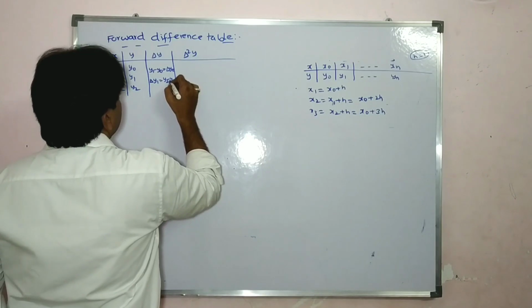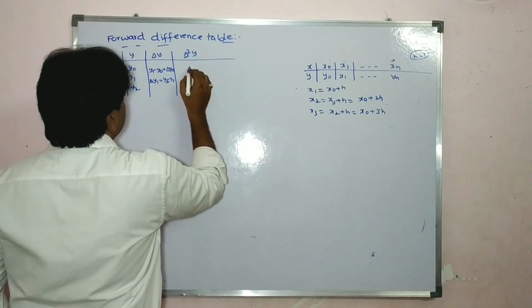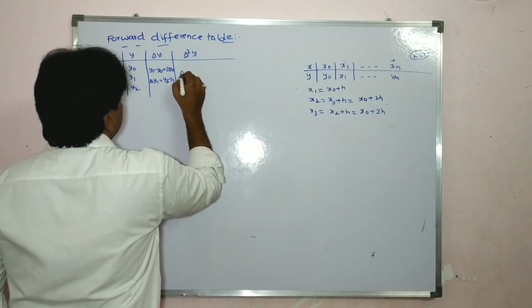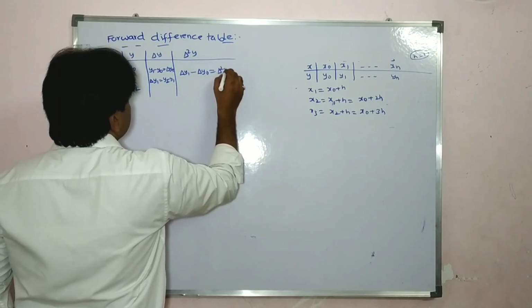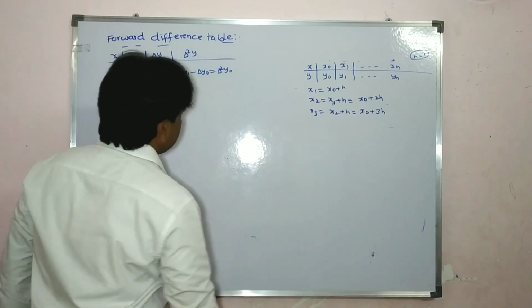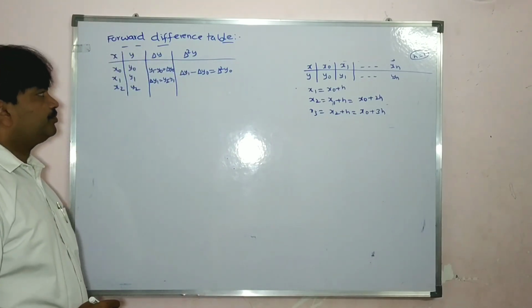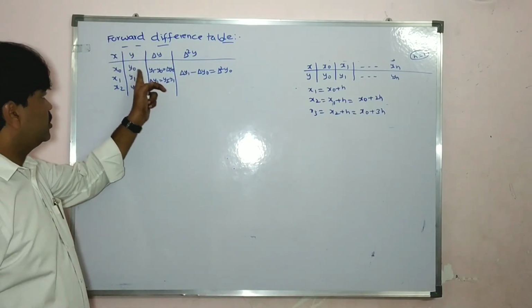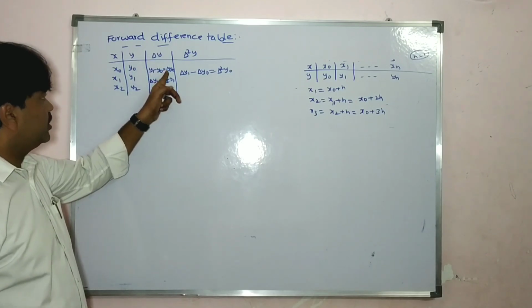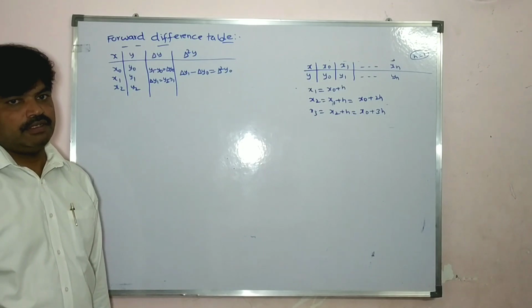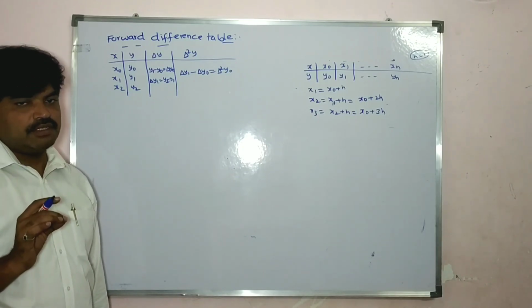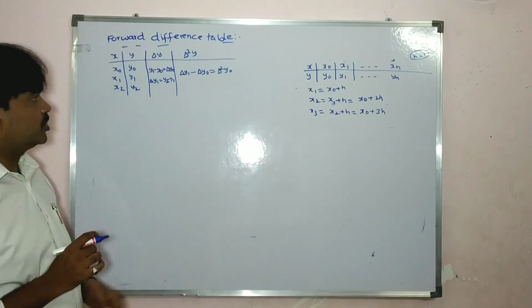Similarly, you take del y1 minus del y0, and we get del square y0. That means this value is y0, this value is del y0, and this value is del square y0. Okay, this is about the forward difference table, students.